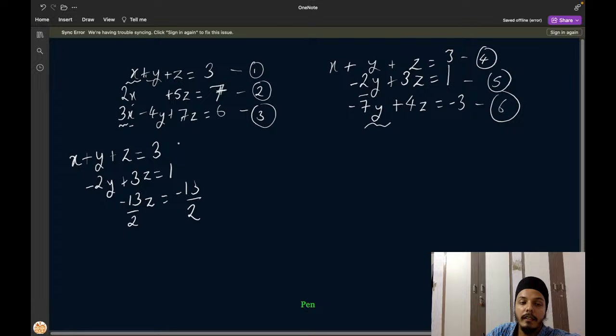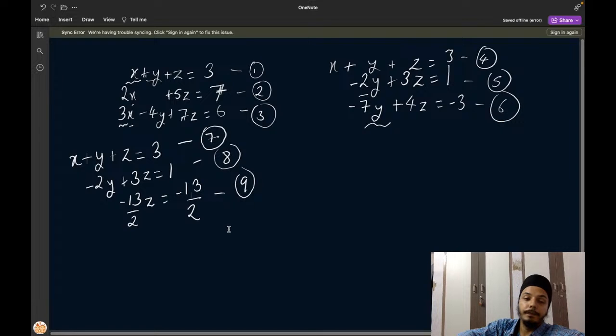So let us call this as equation 7, 8 and 9. So now we have our set of equations. So we moved from equation 1, 2, 3 to 7, 8 and 9. So this was our elimination procedure. So we eliminated x from equation 2 and 3 and y from equation 3.